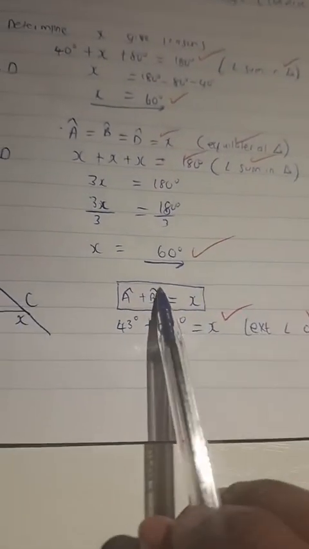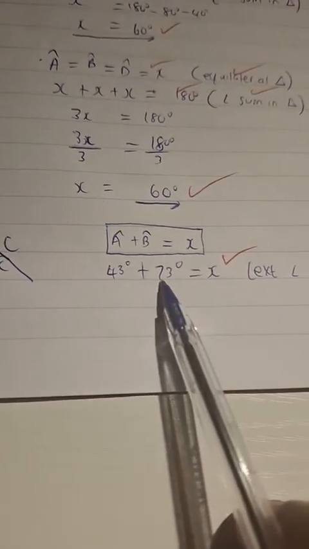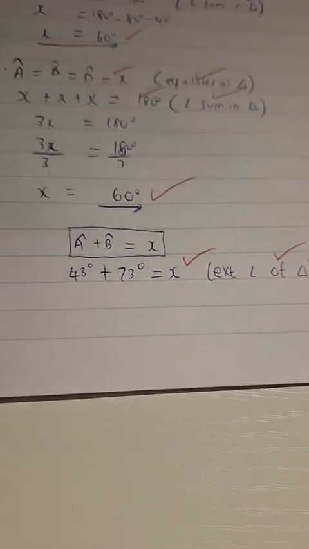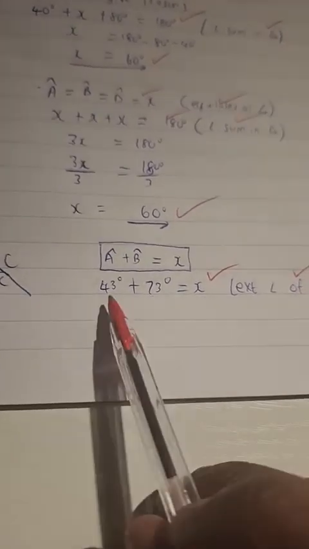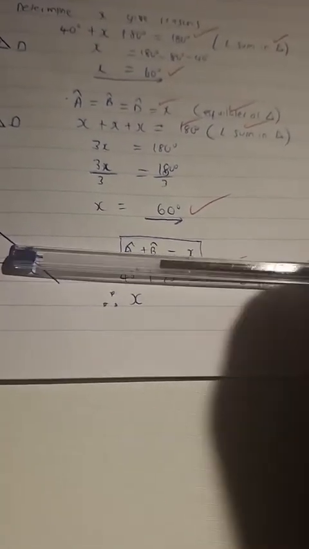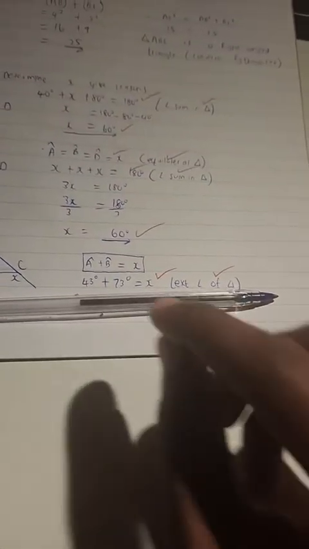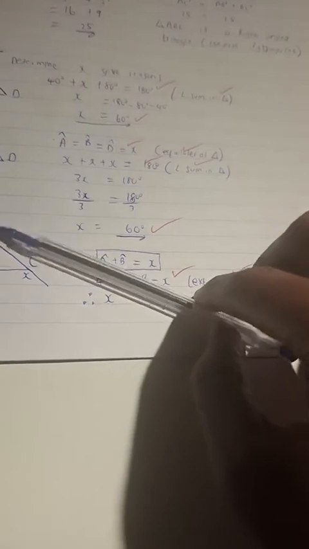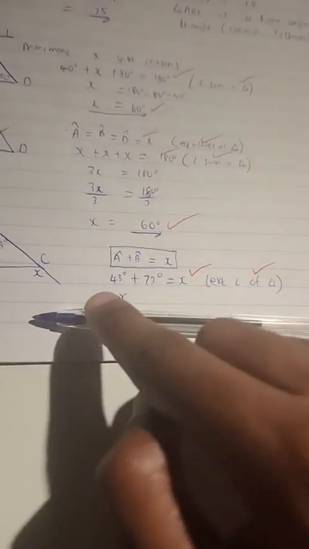Okay, that was just to support what had been said, but to be specific, I just go ahead and substitute 43 degrees plus 73 degrees is equal to x, exterior angle of triangle, and then I solve. What's 43 plus 73? Therefore, x, this is like me putting my pen like this. If I just simply turn this around and put it like this, the x that was this side is there.